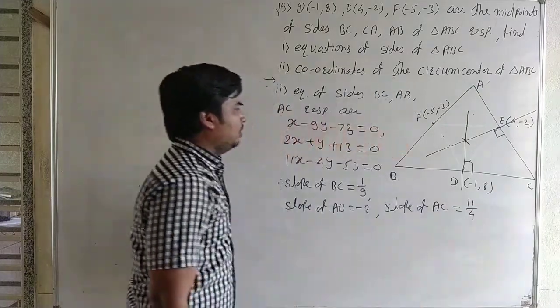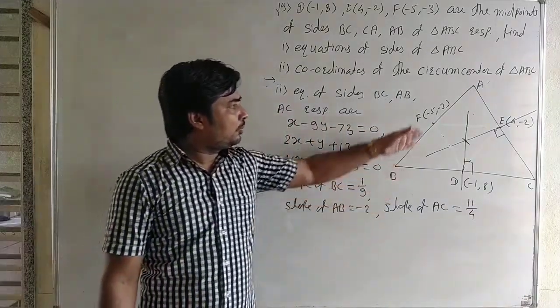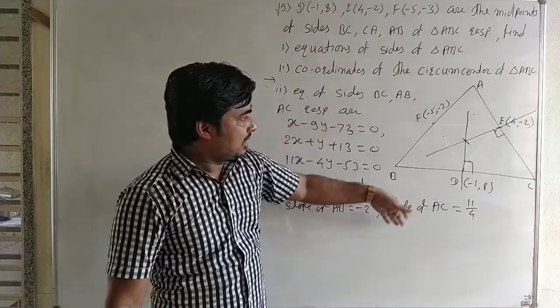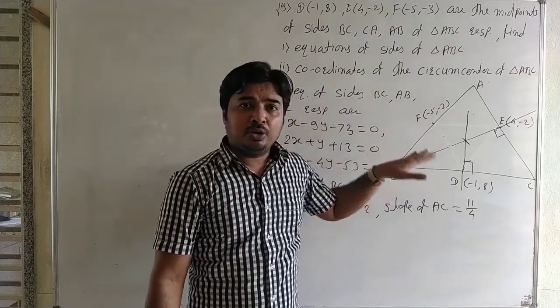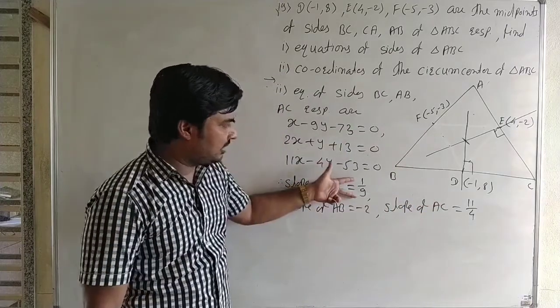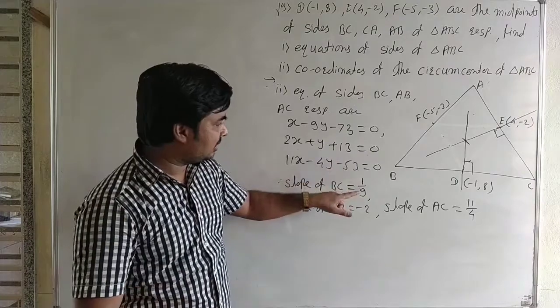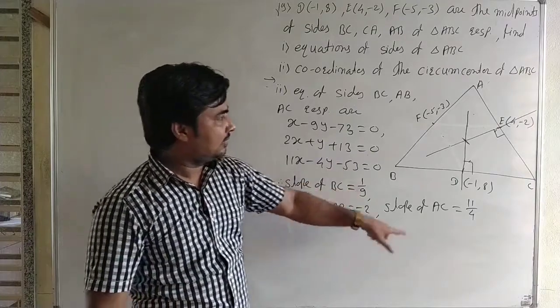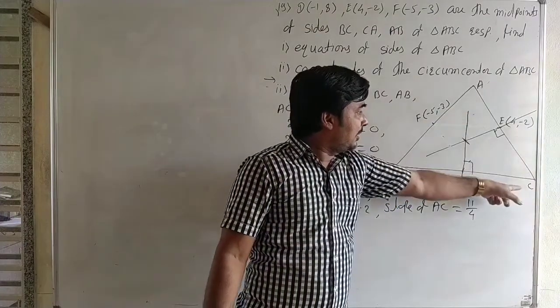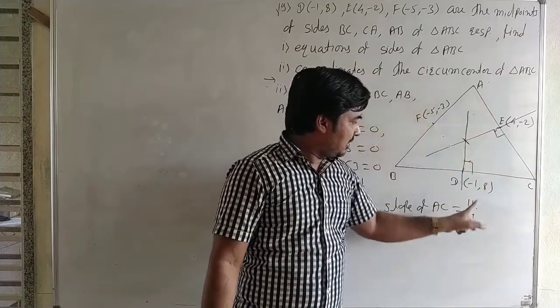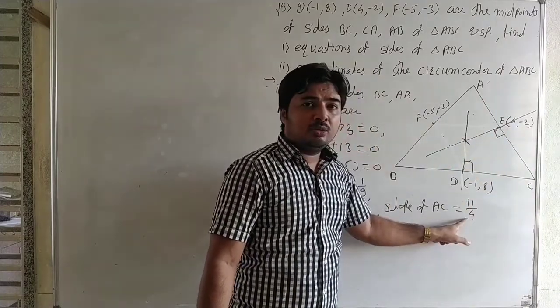Now we want to find the equation of the perpendicular bisector of side BC. That means the perpendicular bisector is perpendicular to BC, and the slope of BC is 1 by 9. Therefore, the slope of the perpendicular bisector is minus 9. For the perpendicular bisector of side AC, the slope of AC is 11 by 4.